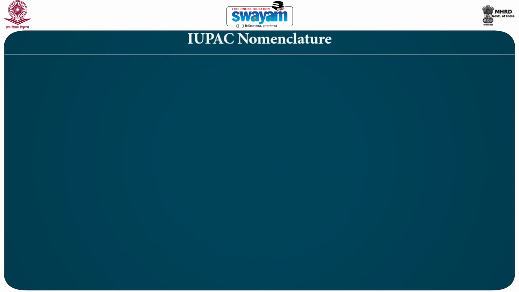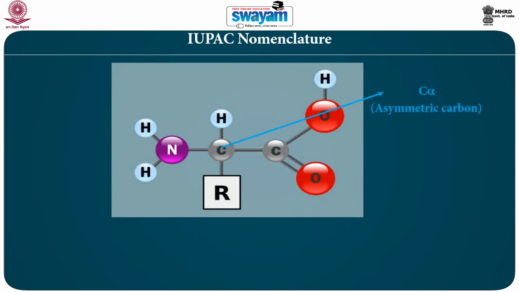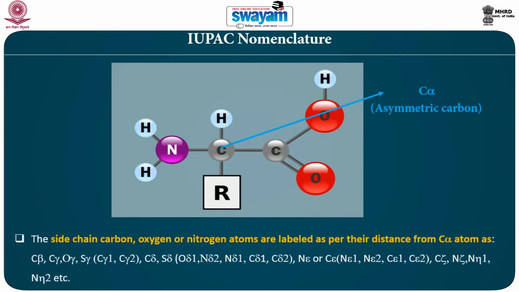IUPAC nomenclature for the amino acids. The asymmetric carbon is called C alpha. The side chain carbon, oxygen or nitrogen atoms are labeled as per their distances from the C alpha atom.